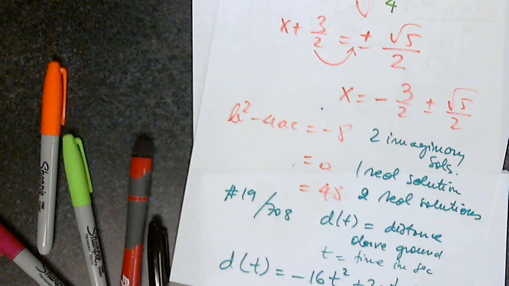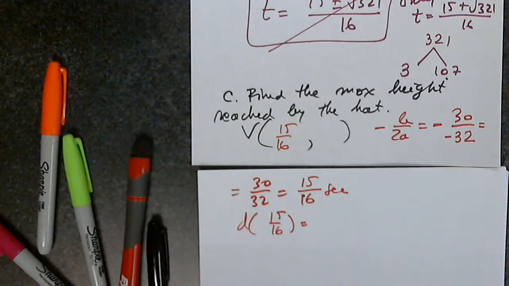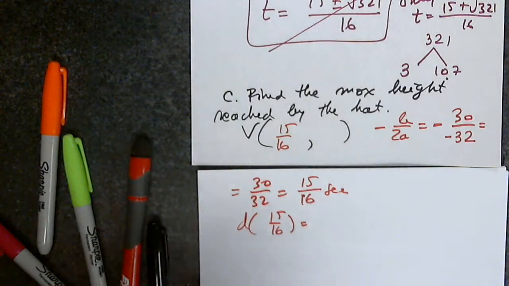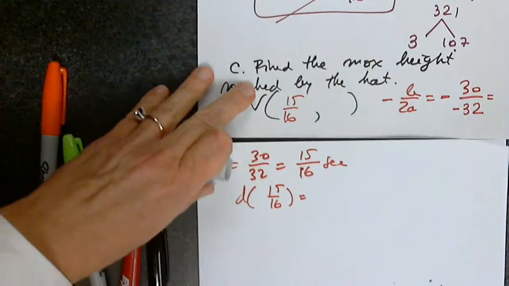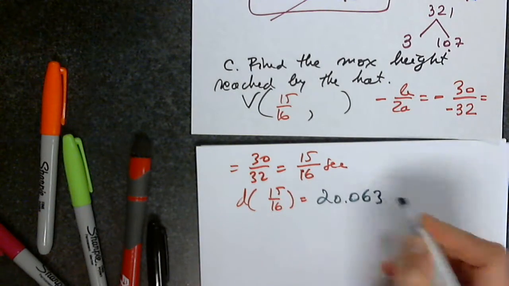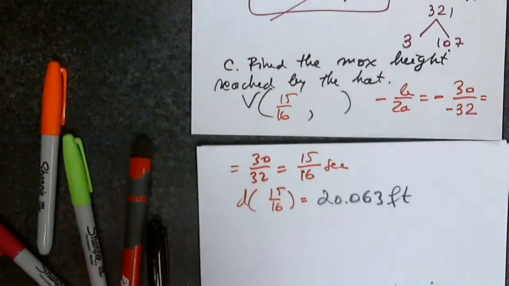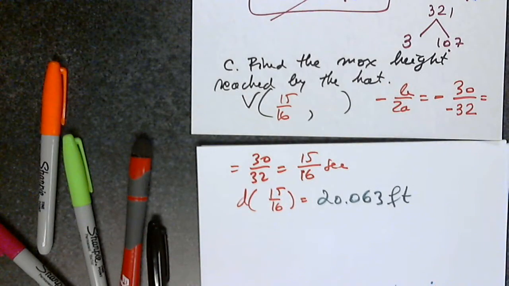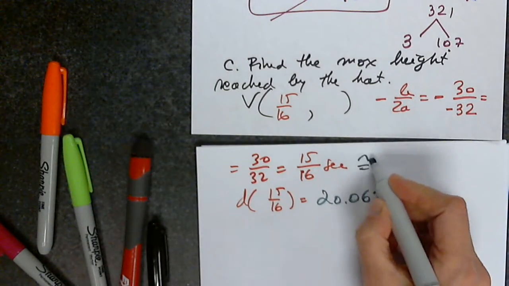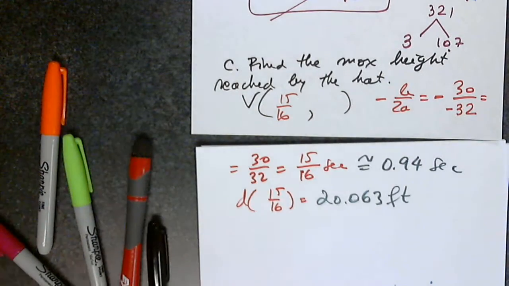So what is the maximum height reached by the hat? 15.06 measurement units. Exactly. And since we have the answer in there, I'm going to say in approximately 0.94 seconds. So here's the scenario one more time.